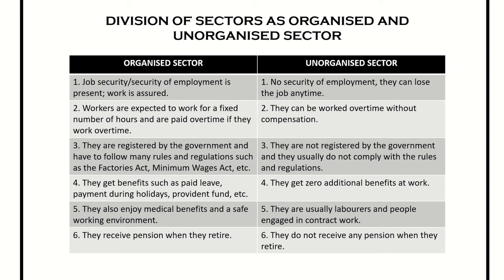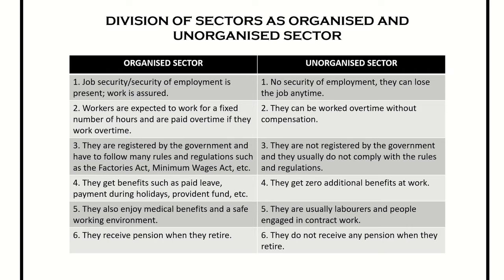Second point is that workers are expected to work for a fixed number of hours and are paid overtime if they work overtime. But in the unorganized sector, workers can be made to work overtime without compensation.